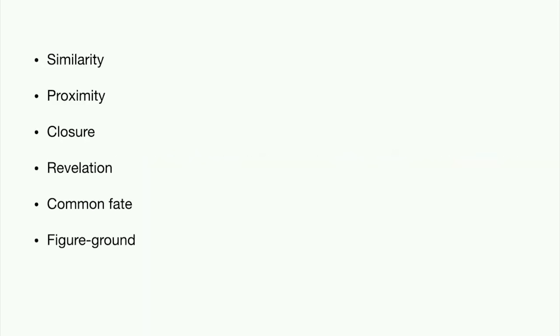There are many Gestalt's principles, but here we're going to look at these principles and see how they help us with data visualization. To understand it better, we will start with these dots. What I have here is gray dots. In the beginning, what you have is gray dots.